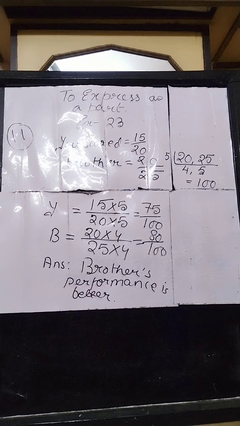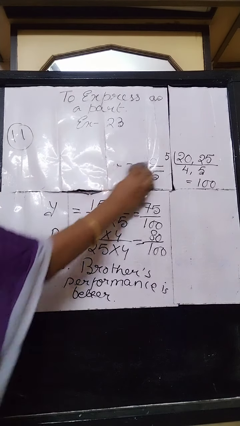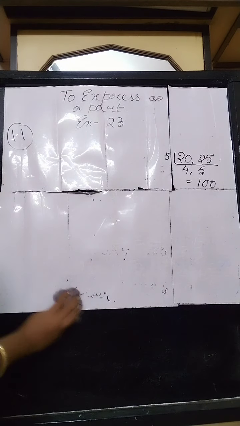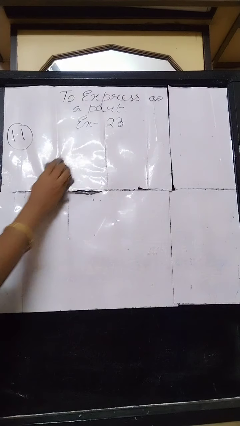In sum number 12 it is given that, I am rubbing the board and solving sum number 12 for you, from this same exercise, exercise 23. Please follow these sums because these sums are very important. In the online class also we will solve some of the sums to explain the chapter well.